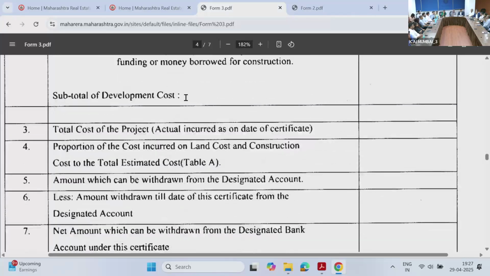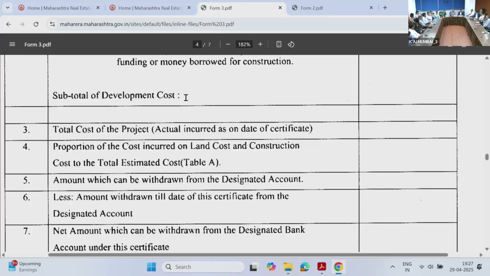Now point number 3 of the form: total cost of the project and the proportion of the cost incurred, and then finally the amount which can be withdrawn from the designated account. Here the balance amount will be reflected. Total amount which can be withdrawn, less amount already withdrawn till date, and net amount which can be withdrawn.